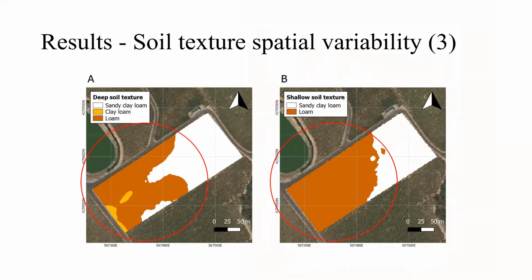In shallow soil, the eastern section mainly was sandy clay loam, with the rest of the vineyard having loam. So we had more clay and loam on the southwestern part of the vineyard, and we have more sand on the rest.